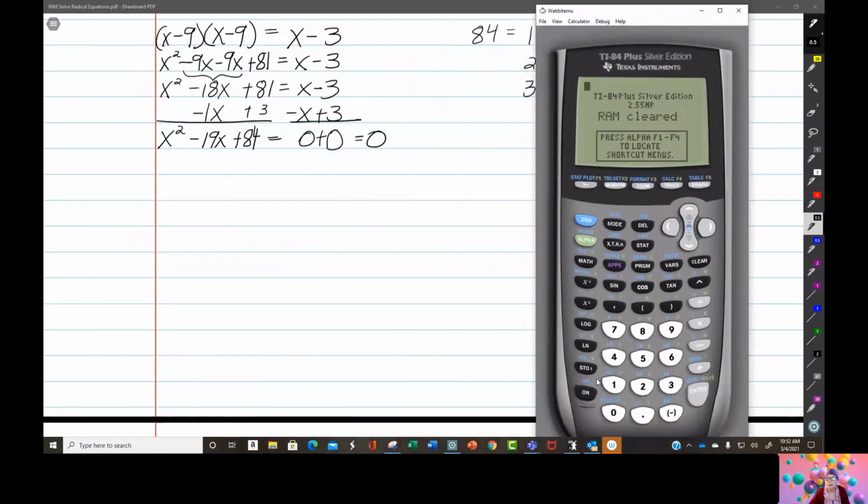All right, we're going to use our wonderful cheating method. Go to y equals. We've got 84 there. 84 divided by x, and then come down to y2, and we'll have x plus 84 divided by x.